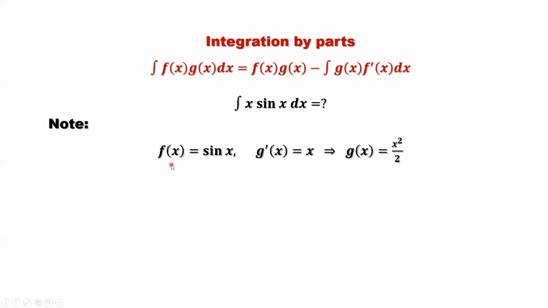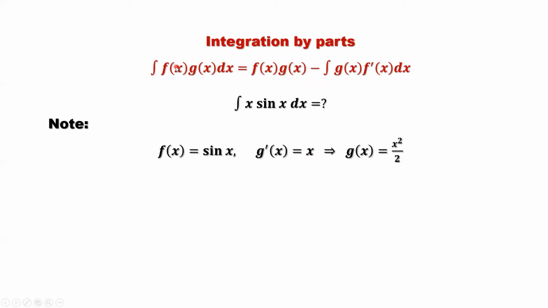If we pick f as sine of x, g prime equals x, which implies g of x equals x squared over 2. You can easily check it. Take the derivative, take the 2 down, that's x divided by 2 times 2, that's x. So the derivative of g equals x.